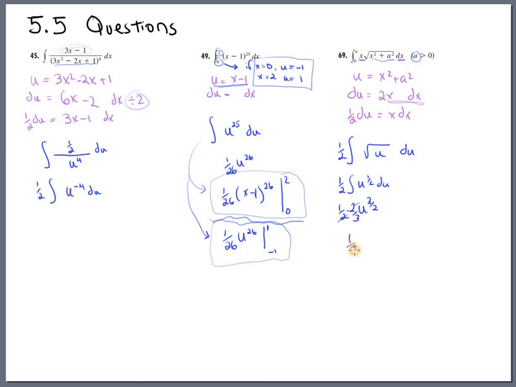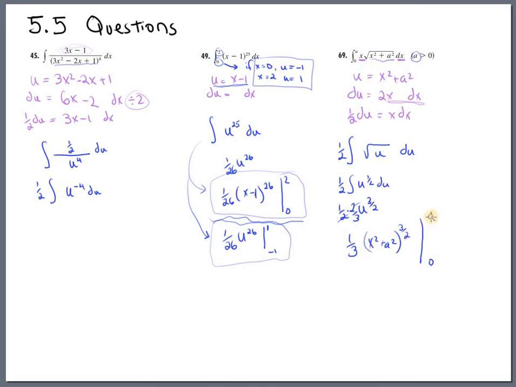So I end up with 1/3 u to the 3 halves. I'm going to remind myself that u is x squared plus a squared. And I need to plug in 0 and I need to plug in a. And keep in mind I'm plugging in for x. Those are x limits.